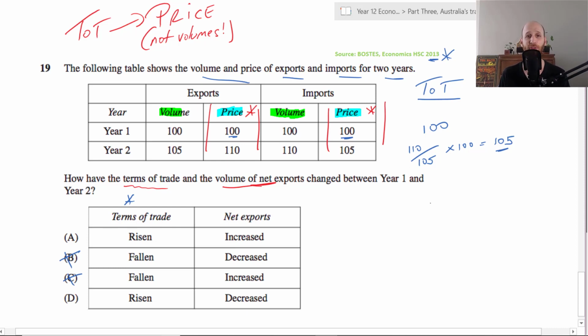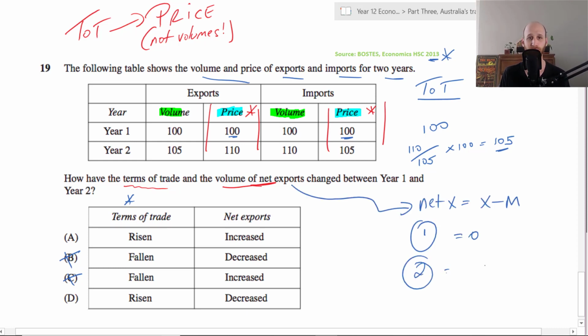Now our next part is to think about net exports. So you can see here that in year 1, net exports is 0 because the volume is 100 for exports and 100 for imports. So it gives us 0. But in year 2, the volume of exports is 105 and the volume of imports is 110.